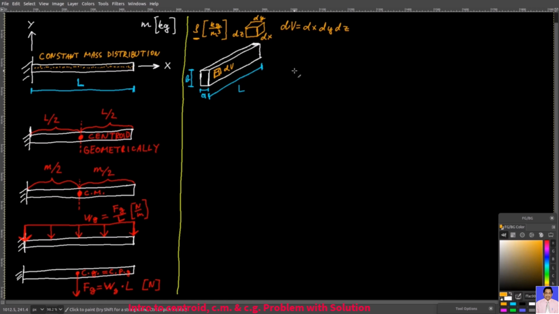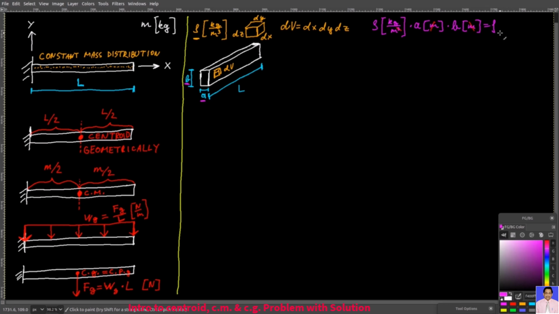It means that all differential volumes inside this beam have the same mass. And so what I can do, I can take my density in kilograms over cubic meters, and I can multiply it by A, which is in meters, it's my width, and I can multiply it by B, which is also in meters, that's my height. So the meters here get cancelled, and so I will have a different kind of density.